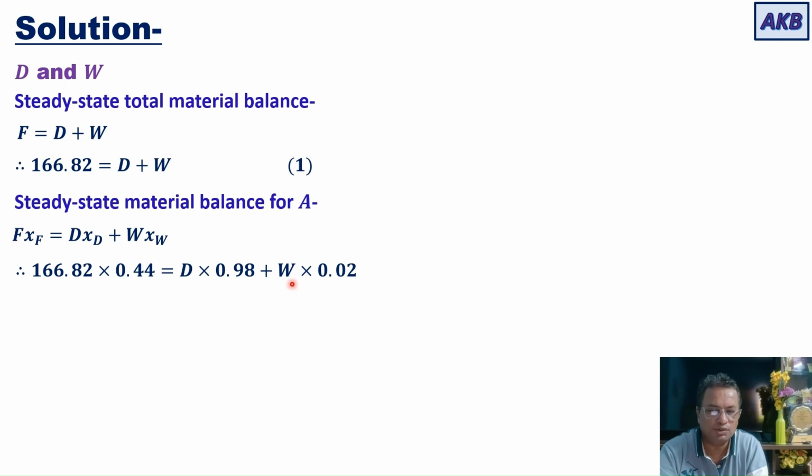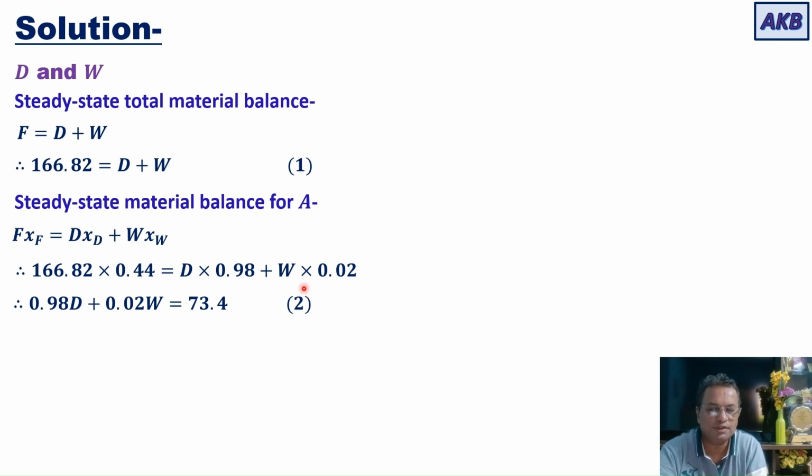Similarly, W is not known, but the fraction is known. So you have the equation 166.82 into 0.44 is equal to D into 0.98 plus W into 0.02. If you simplify it, you get 0.98 into D plus 0.02 into W is equal to 73.4. I'm calling this equation number 2.